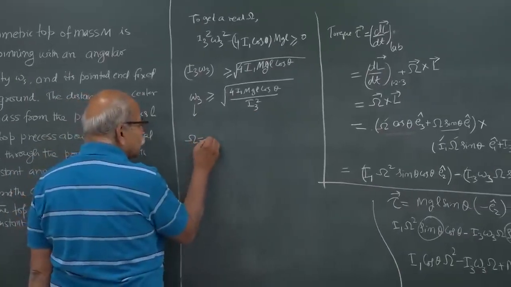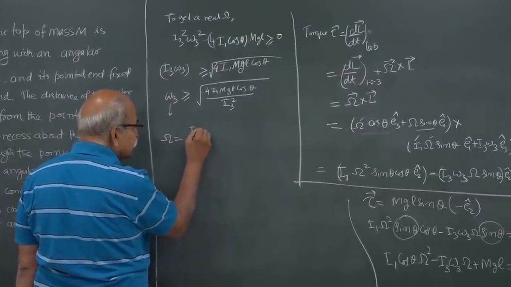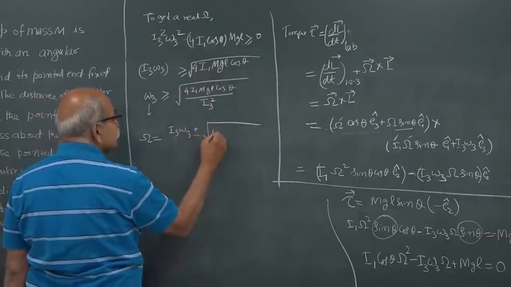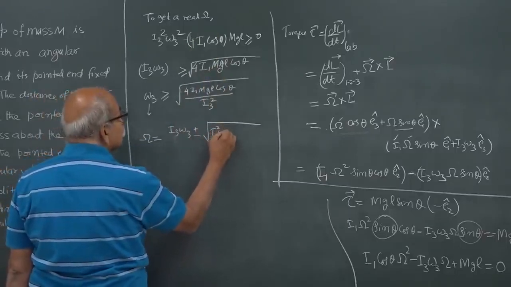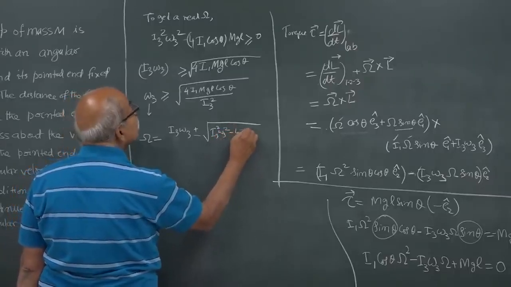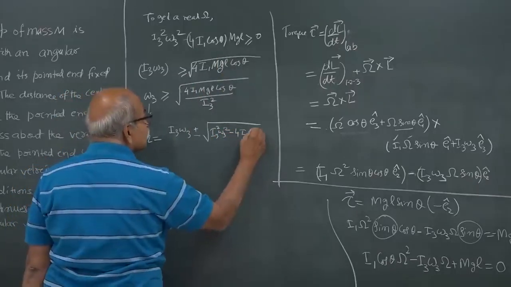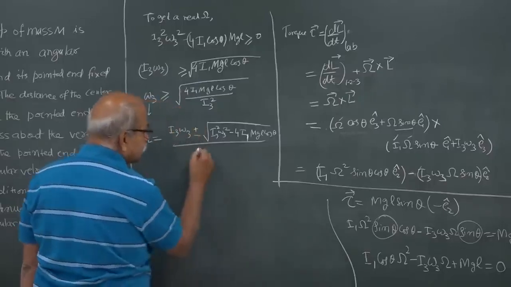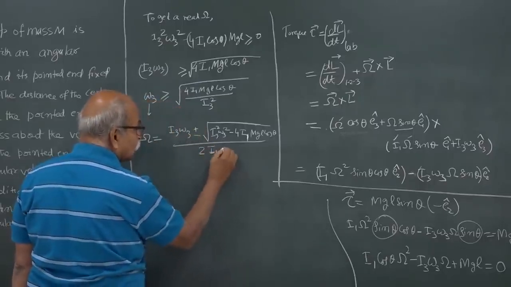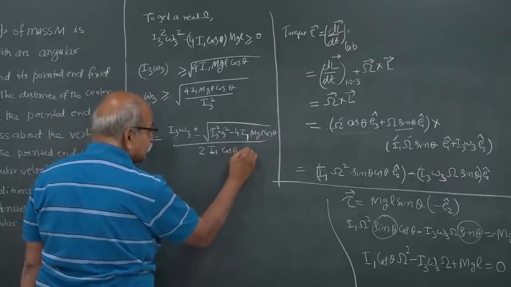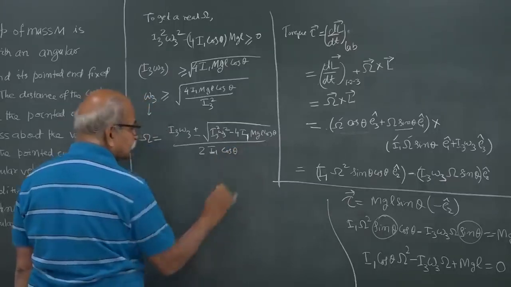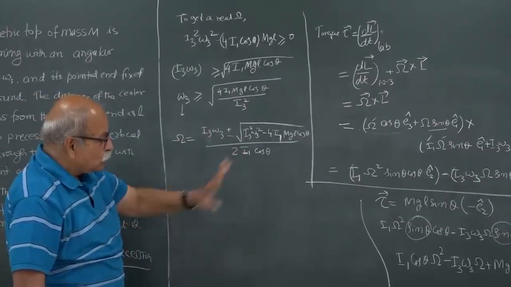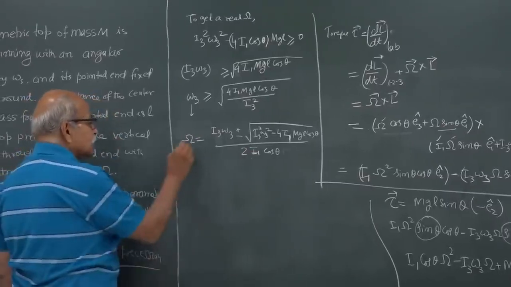So, Omega will be equal to minus b, which is I3 omega 3, plus minus the square root of b square minus 4AC, that is I3 square omega 3 square minus 4 I1 mgL cos theta, divided by 2a, that is 2 I1 cos theta. So, these are the two values of this capital Omega.